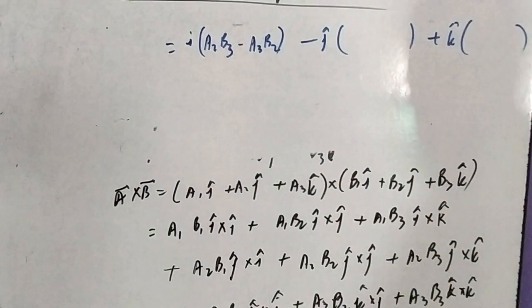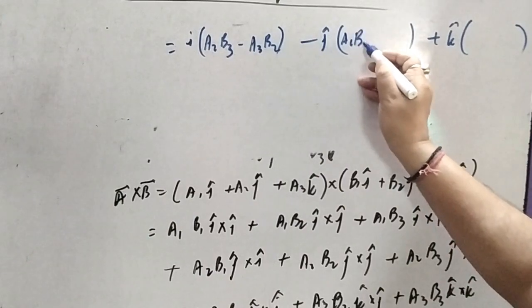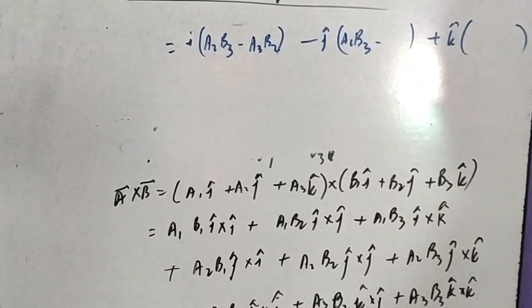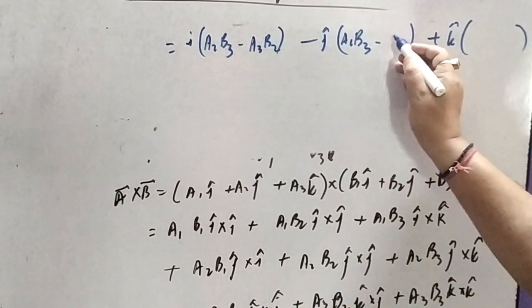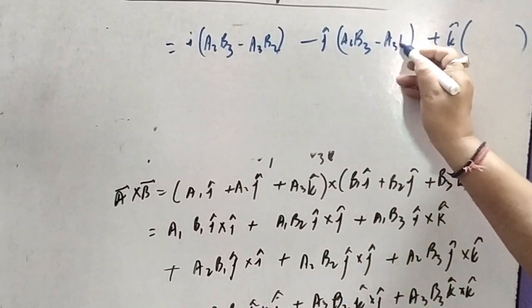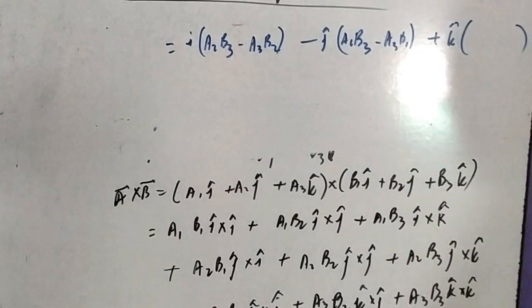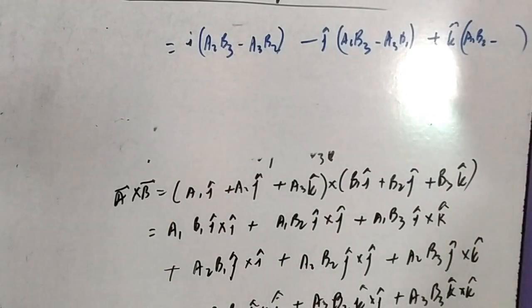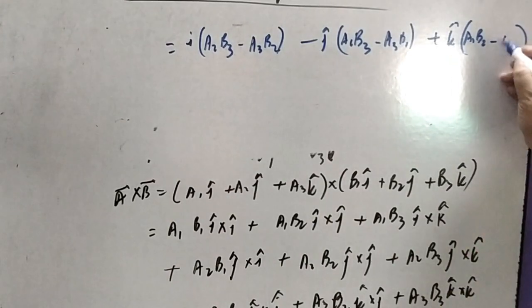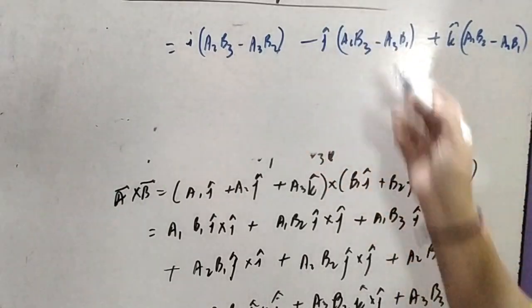Minus j is taken common: A1 B3 minus A3 B1. Then plus k, and here A1 B2 minus A2 B1. This is all about the general idea of the thing.